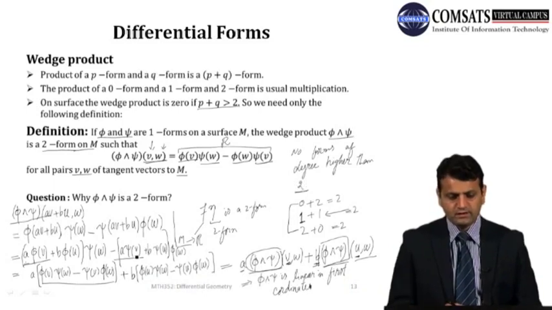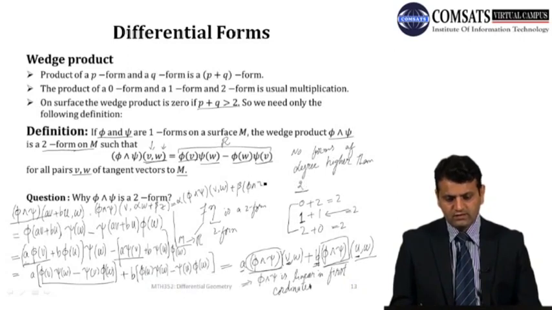Now how to prove that phi wedge psi is linear in the second coordinate? I am leaving this as an exercise. That is, with V fixed and alpha W plus beta Z in the second slot, you have to prove that this is equal to alpha into phi wedge psi applied on (V, W) plus beta into phi wedge psi applied on (V, Z).